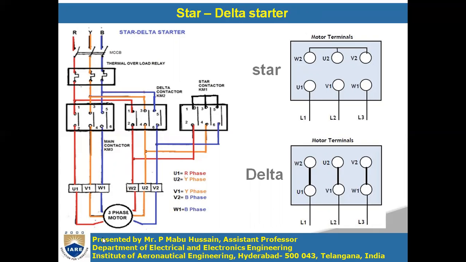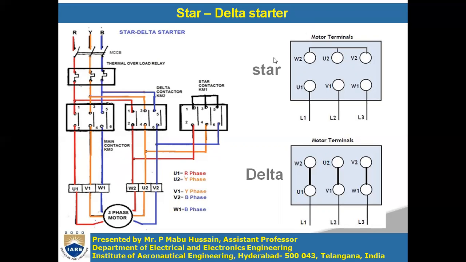Now if you want to connect these windings in star, you have to connect W2, U2, V2 together, and U1, V1, W1 will be given to the supply. If you want to connect all the three-phase windings in delta, then W2 is connected to U1, U2 to V1, V2 to W1, and you have to take L1, L2, L3 to the supply.